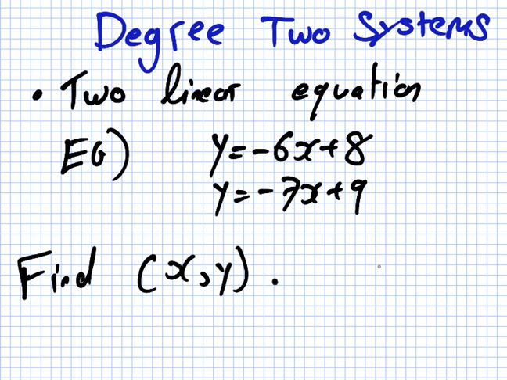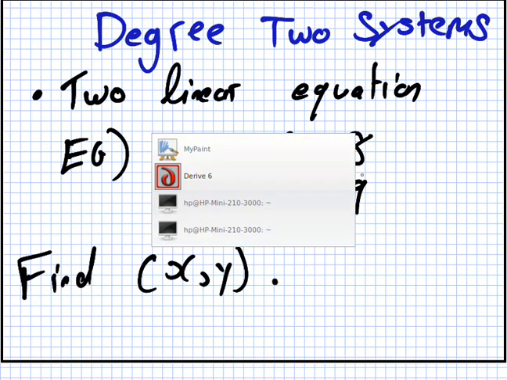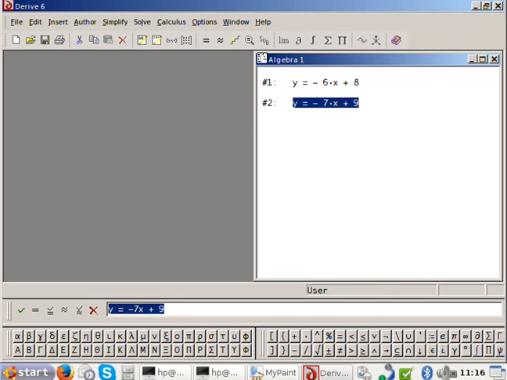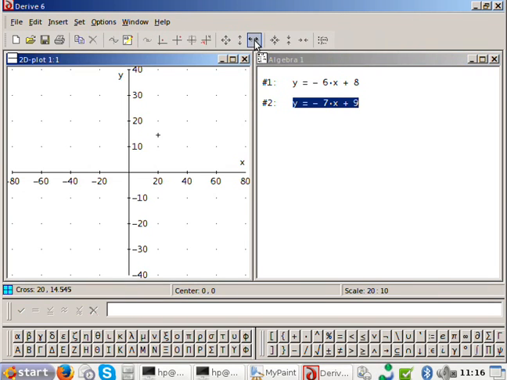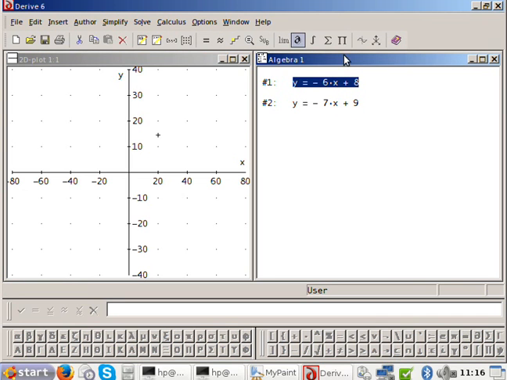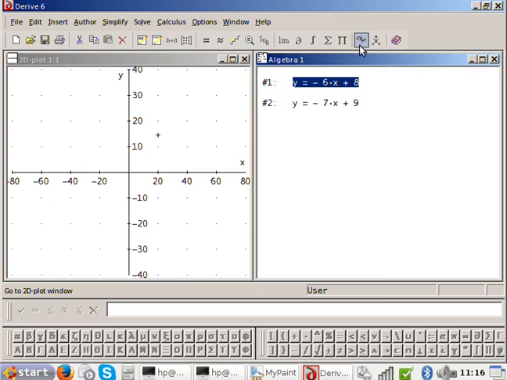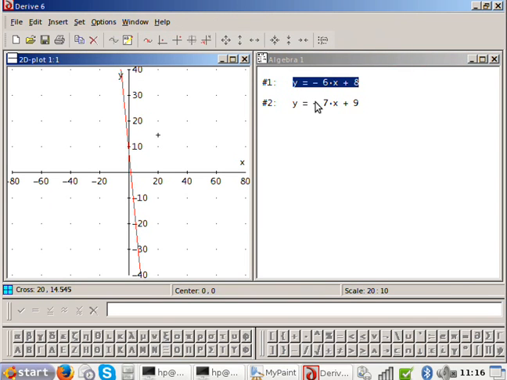Did you write these two down? Yeah. So let's draw them. This is our first method, by using the graph. y equals minus 6x plus 8 and y equals minus 7x plus 9. So we shall graph the first one.